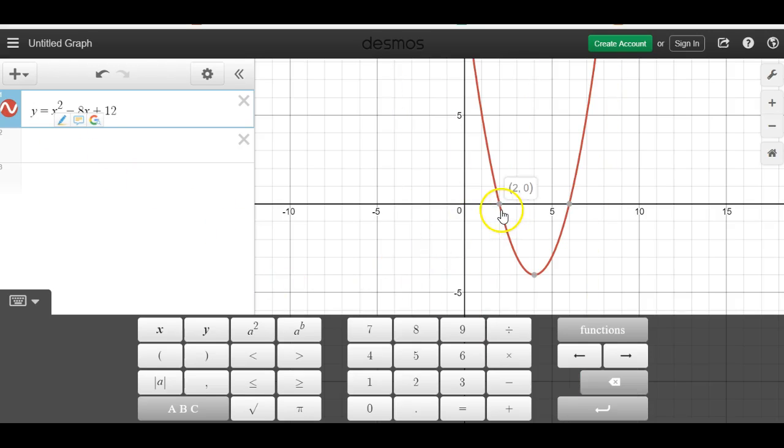Okay, so what do we know about A? Is it going to be positive or negative? Looking at this, you should realize it's going to be a positive A, right? Because it opens up, like a smile here. And then what are these numbers here? The zeros are 2 and 6. So what's that telling me?